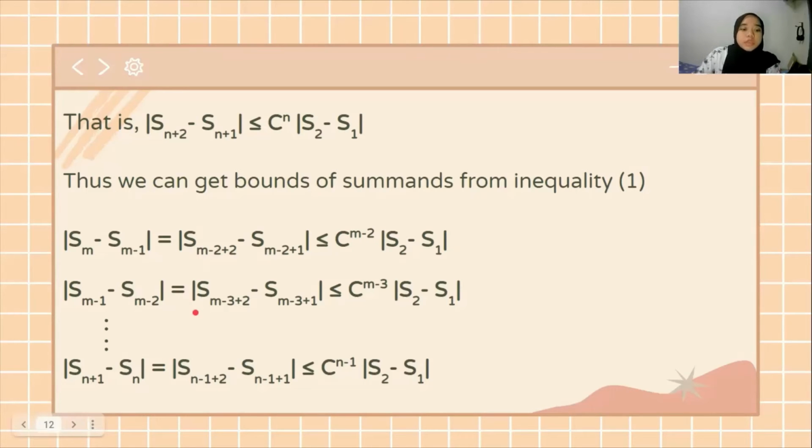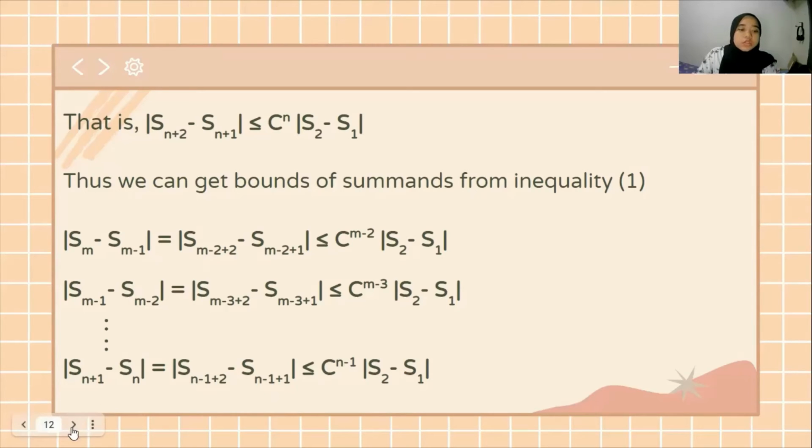So when you keep doing the sequence of these equations, until the last you will get the equation |S_{n+1} - S_n| = |S_{n-1+2} - S_{n-1+1}|, which is less than or equal to the constant with power of n-1 times |a_2 - a_1|.